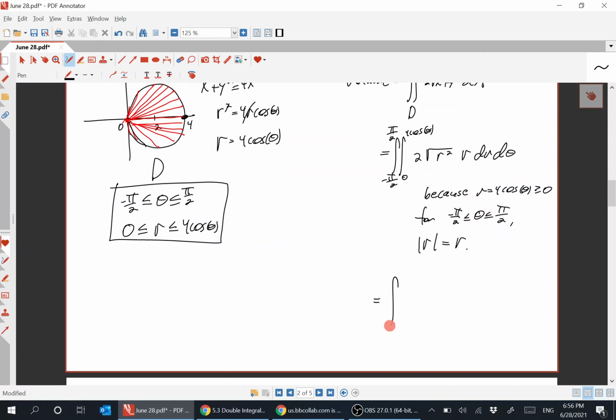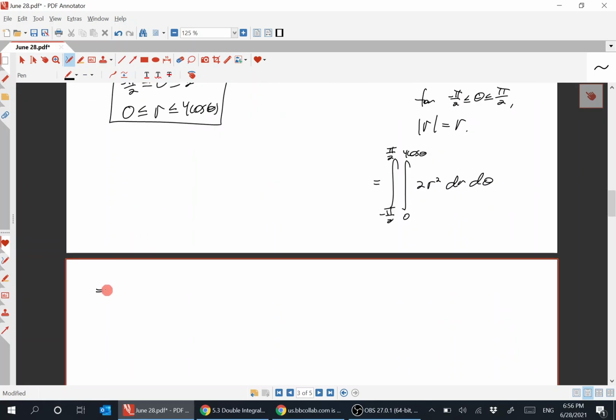So this becomes 0 to 4 cosine theta, 2r squared dr d theta. So this is equal to, the antiderivative is 2/3 r to the third from r equals 0 to r equals 4 cosine theta, and then we'll do the integral d theta.